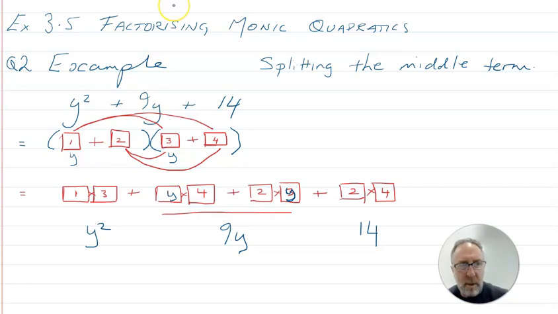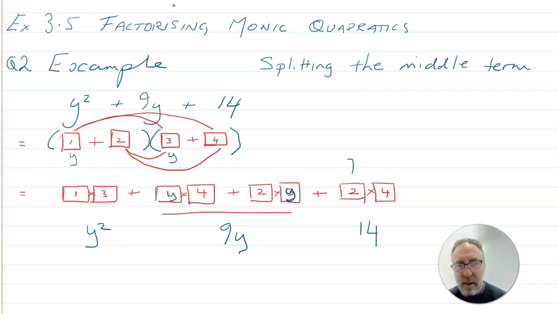Right, so it comes down to box 4 and box 2. That's the tricky bit. So let's see now. Let's just try the obvious one. This can be trial and error sometimes when you get into more complicated ones, but fortunately with reasonably small numbers there's only a few ways you can do it.